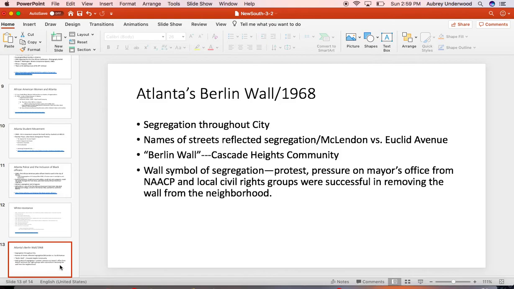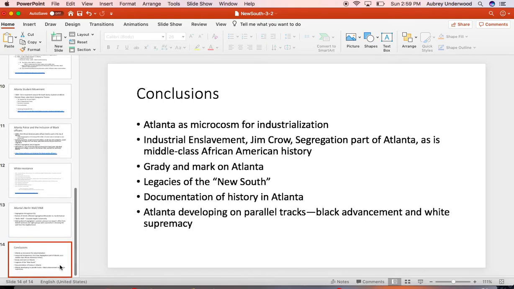The symbol, of course, is that they should remove it, right? There were pressures on the mayor's office from the NAACP and many other women's groups to remove the wall from the neighborhood to demonstrate that we would no longer have these sorts of physical separations in Atlanta.